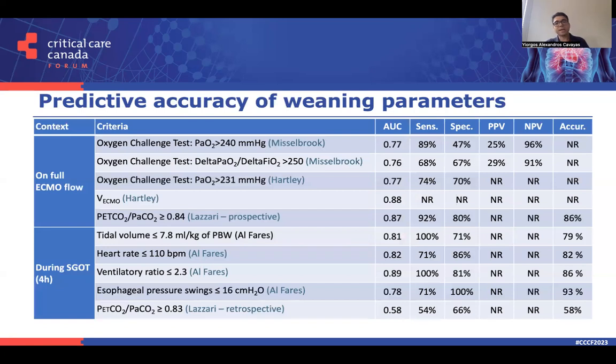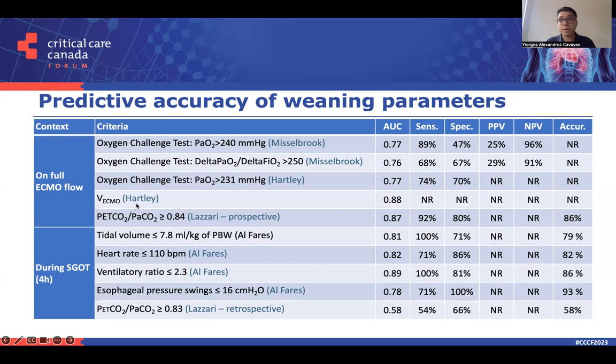If we take a step back and look at all the criteria or parameters that have been described in the literature to predict readiness to be weaned, we can see that on full ECMO flow, the ones that performed the best were the ones that looked at the ability of the lung to efficiently clear CO2.